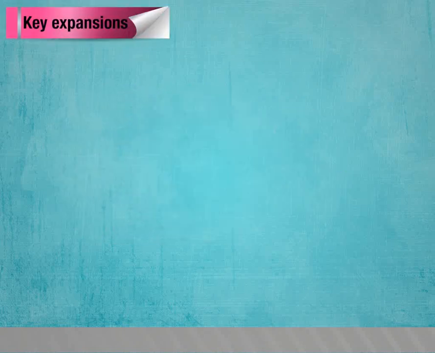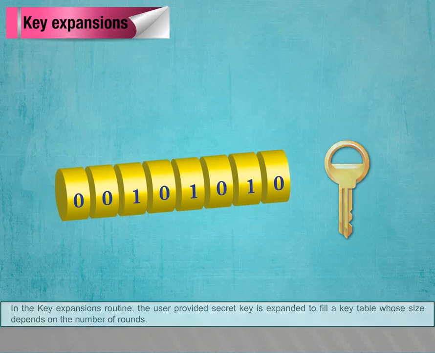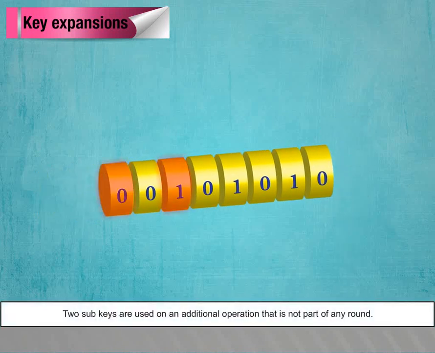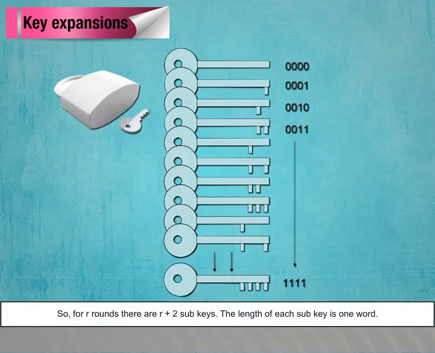Key expansion. In the key expansion routine, the user-provided secret key is expanded to fill a key table whose size depends on the number of rounds. So, for r rounds, there are 2r + 2 subkeys. The length of each subkey is 1 word.